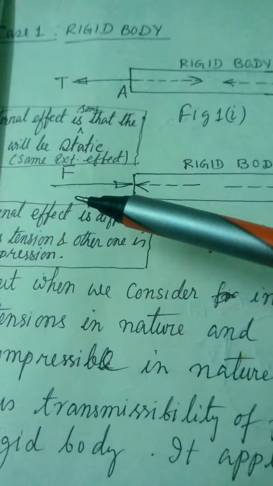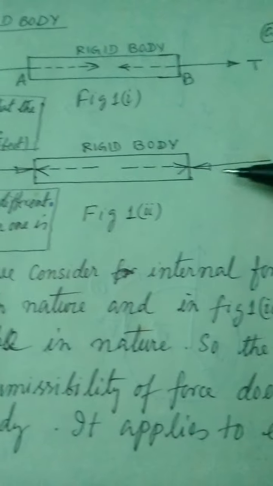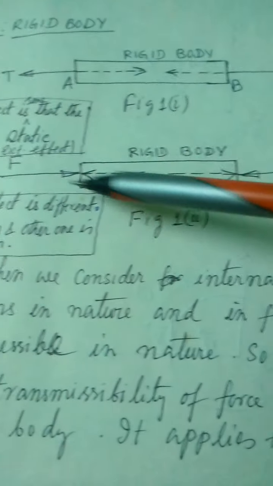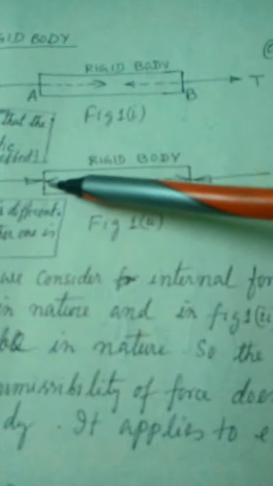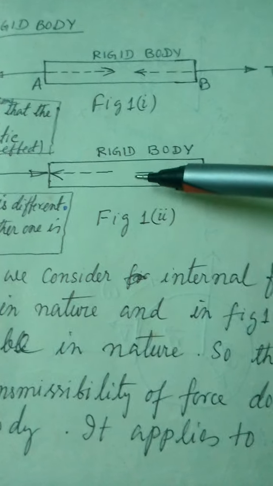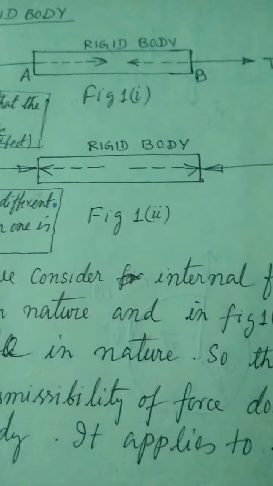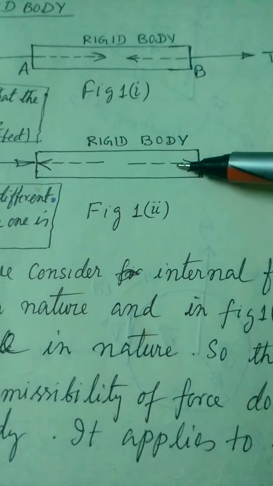Now for this body, F is given in this direction, the compressive one, and the sum of these forces will be equal to 0, so the body will be in equilibrium. But if you transmit these forces here, and these forces here, the internal effect is not tensile in this case, but compressive.